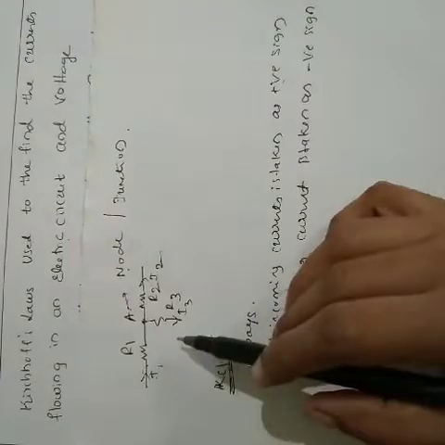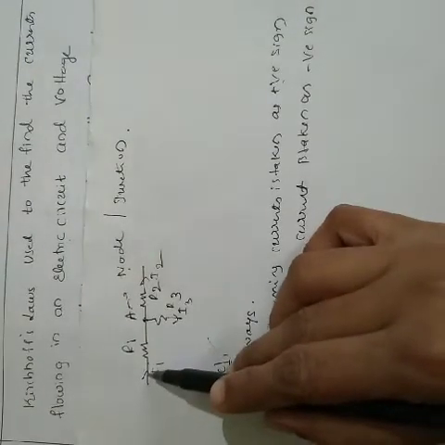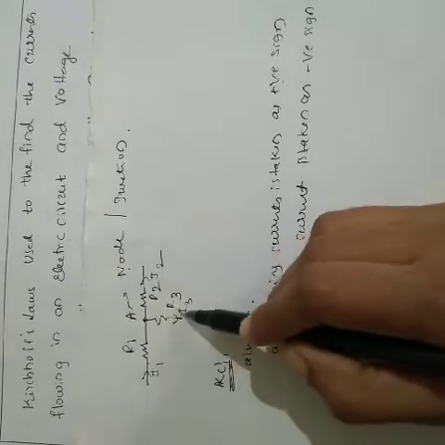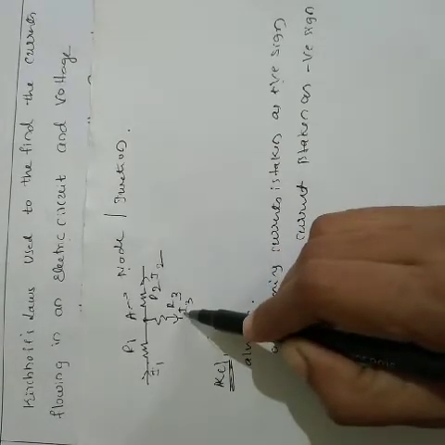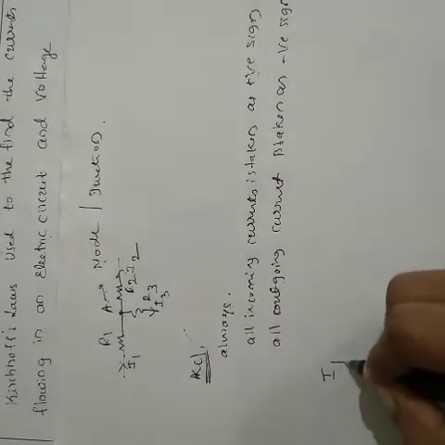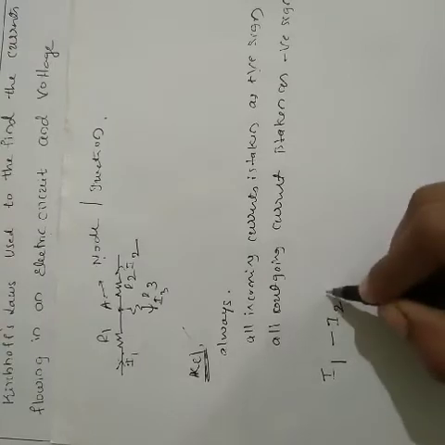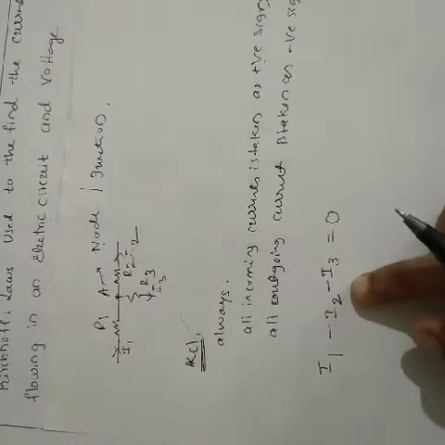This I1 current is towards the node, I2 current is away from the node, I3 current is away from the node. Now write the KCL equation: I1 is towards the node, I2 is away from the node and taken as minus, I3 is away from the node and taken as minus, equal to 0. This is nothing but your KCL equation.